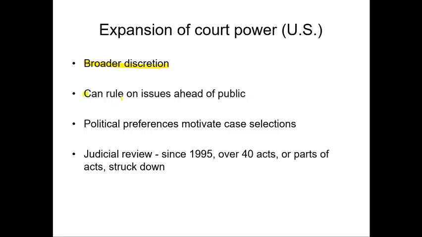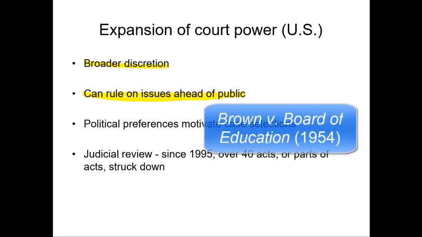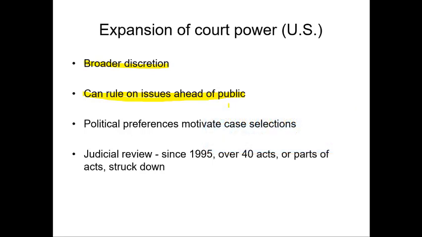They can also rule on issues ahead of the public, or on issues that Congress does not want to touch because it may be a sensitive issue, such as desegregation, which is what they did in 1954, when they overruled the 1896 act that made separate but equal the law of the land, with Brown versus Board of Education.